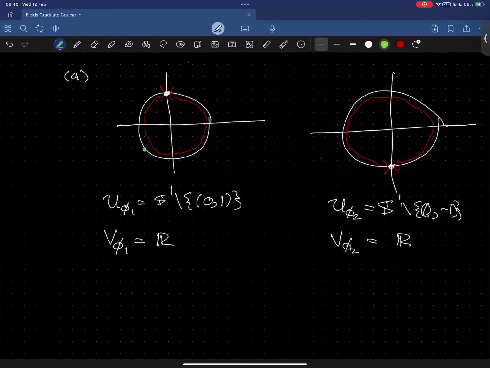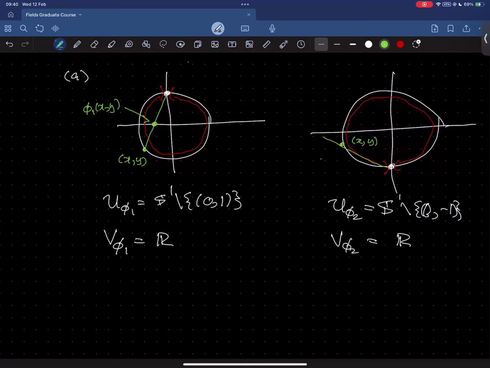Okay, so this point is X, Y. To find this point, I map to that point there, which is phi 1 of X, Y. And then over here, I take a point, let's say here, X, Y. Sorry, I need to reorient myself to draw something like a straight line.